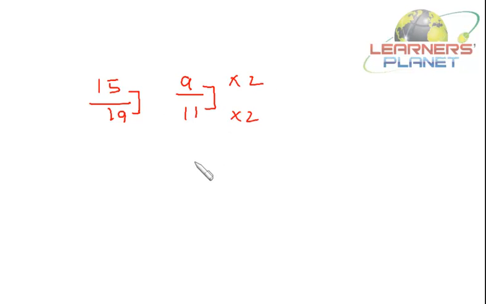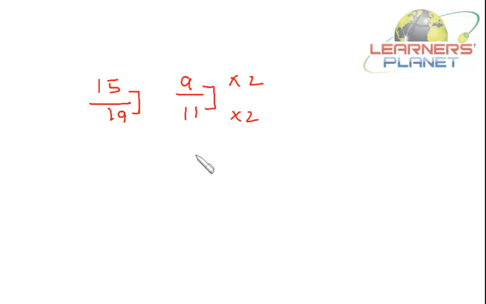Now I'm having a fraction 15 by 19, and the other fraction is 9 by 11. In this case, the difference between numerator and denominator is 4, and in this case the difference is 2. So by multiplying this fraction by 2, I'll be getting the difference between numerator and denominator as 4.